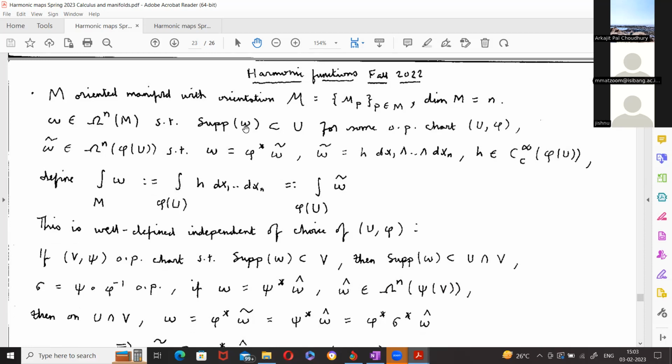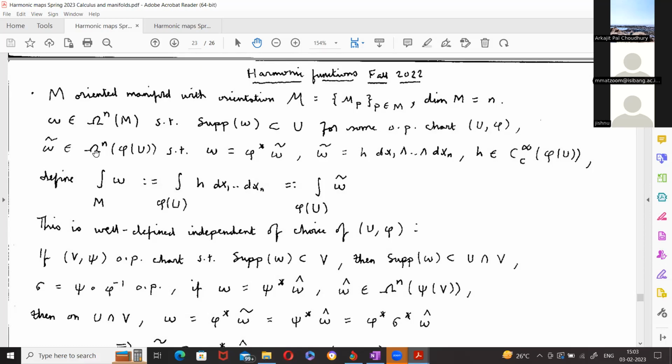The support of omega means the closure of the set of points where omega is non-zero. So omega is zero outside the support of omega. So suppose the support is contained inside some orientation preserving chart (U, phi).